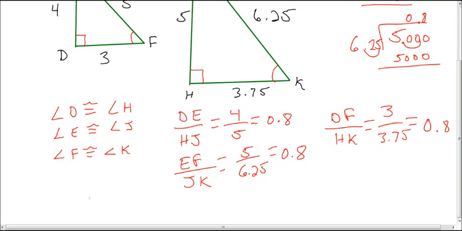So we can literally say from this conclusion that triangle DEF is similar, not congruent, similar to triangle HJK.